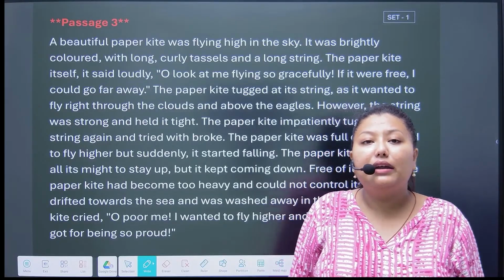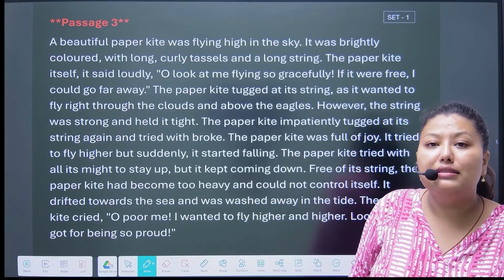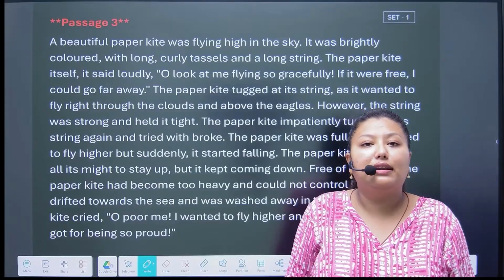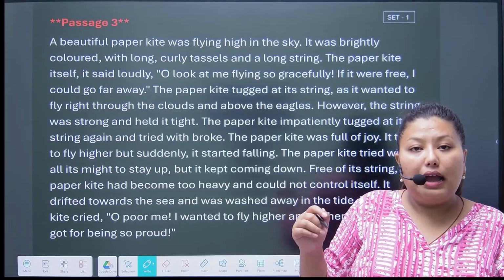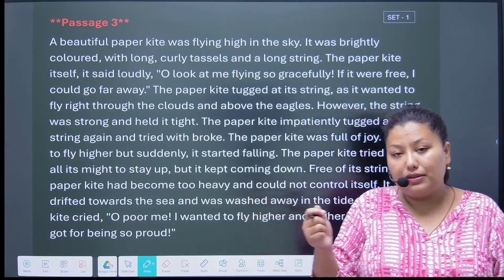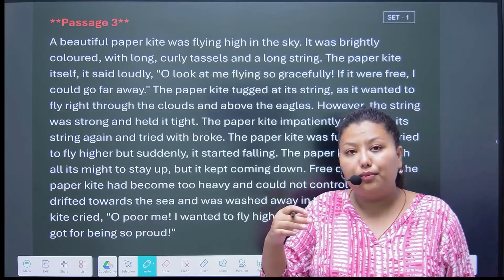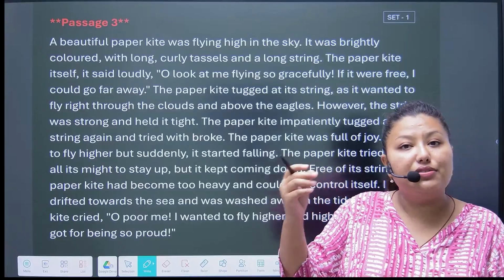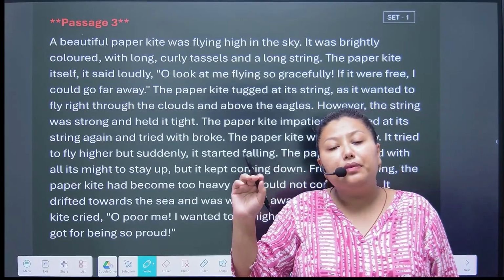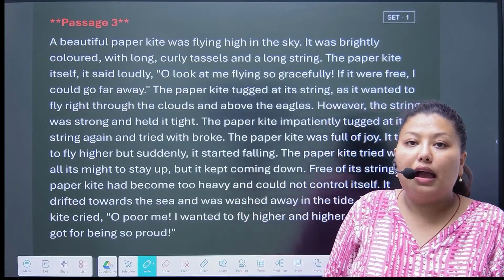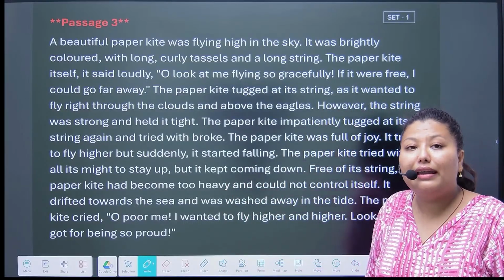The paper kite tugged at its string as it wanted to fly right through the clouds and above the eagles. He was trying to snap the string, and he wanted to fly right through the clouds and above the eagles. However, the string was strong and held it tight.